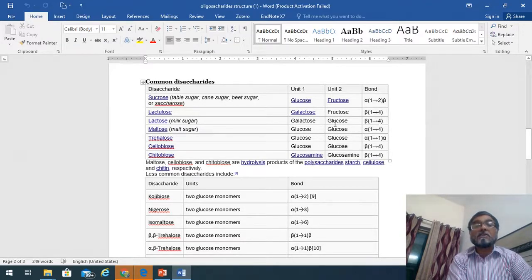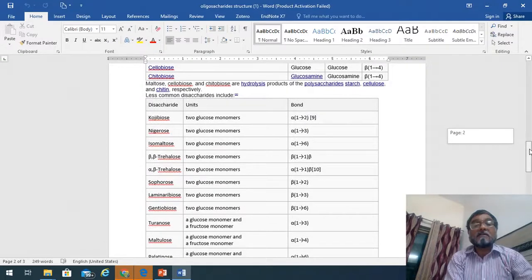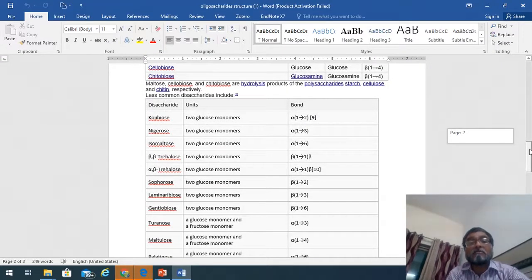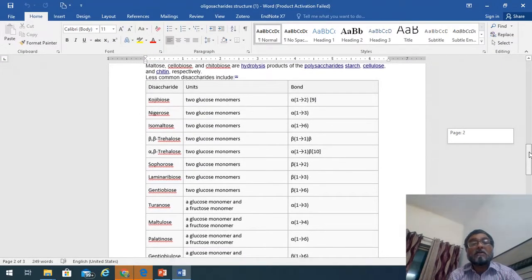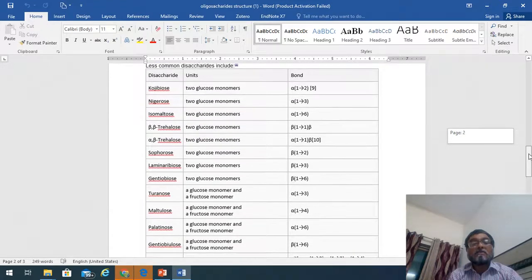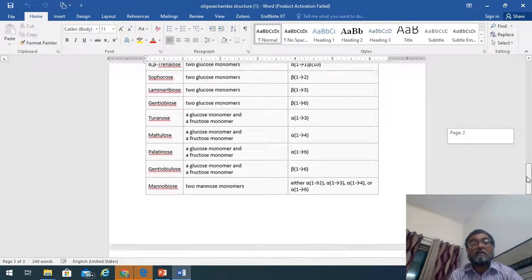Again, 1,4 beta type linkage. Then maltose. So you have to make the structures for these during these 3 weeks. All of these I have given you already, and this is already present on my website as well. So all of the structures you have to make.